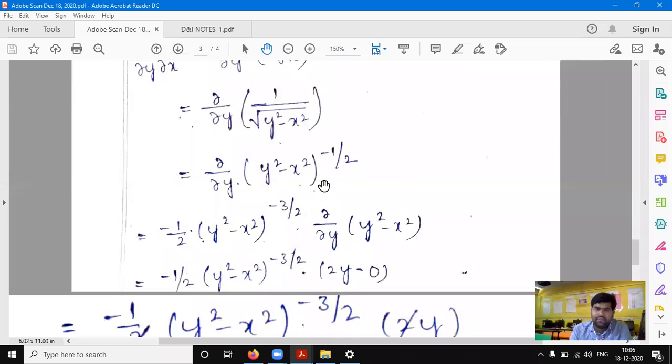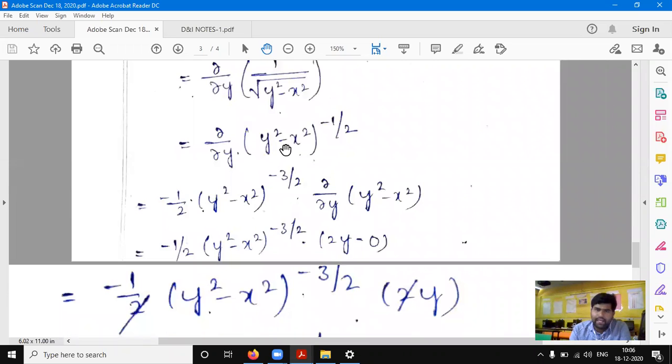The differentiation formula is n into x to the power of n minus 1. In place of n, minus 1 by 2 is there. So you write minus 1 by 2 into (y square minus x square) to the power of minus 1 by 2 minus 1, that is minus 3 by 2, into ∂/∂y of y square minus x square.